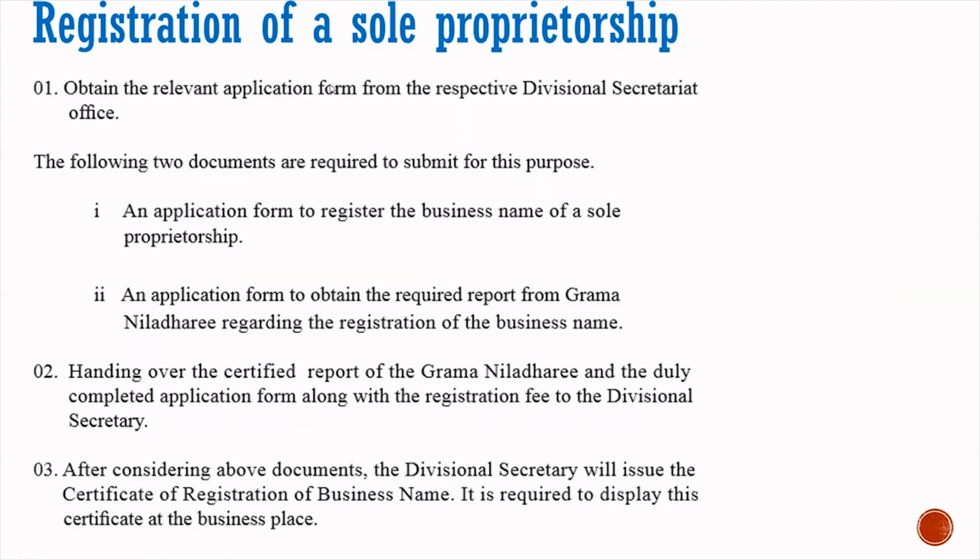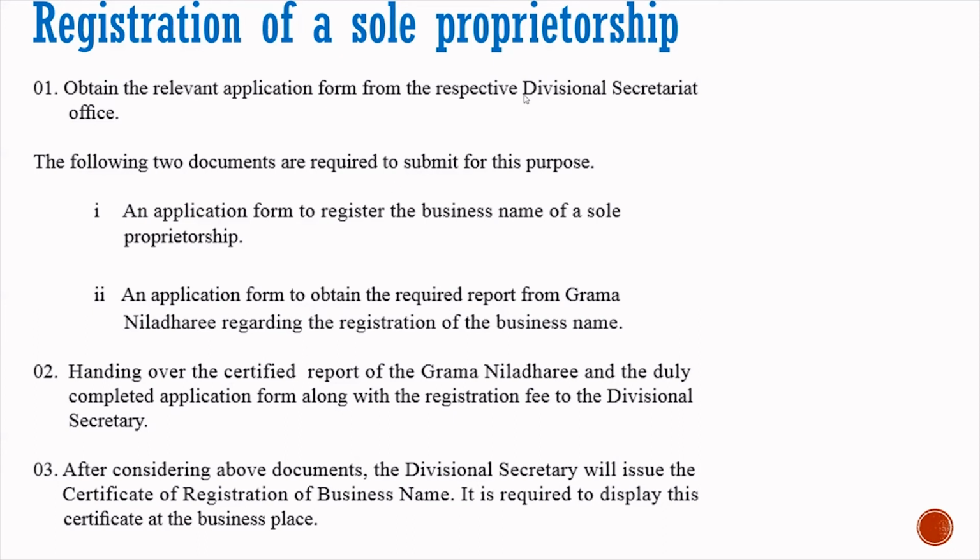Next is about the registration of sole proprietorships. So, to register a sole proprietorship, you should first take the application from the Divisional Secretariat Office. To do so, you have to get the following documents: an application form to register the business name of a sole proprietorship, and a form to obtain required report from Grama Niladhari regarding the registration of the business name.